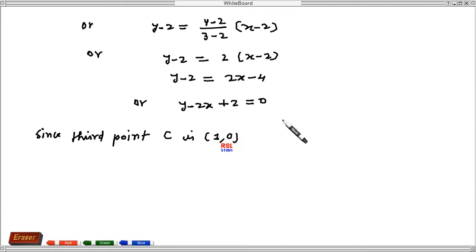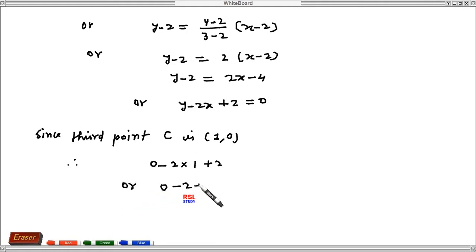If we put the coordinates of this point in this equation and the equation is satisfied, then we will understand that all those 3 points are collinear. So putting this value, here x is 1 and y is 0.